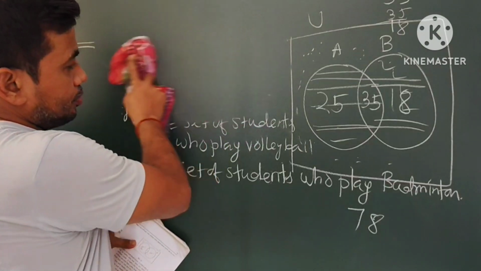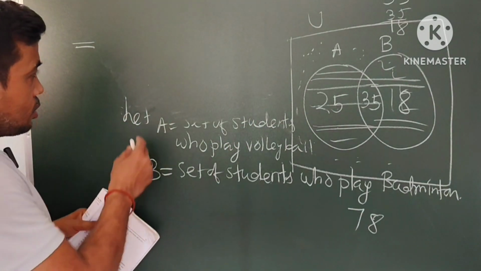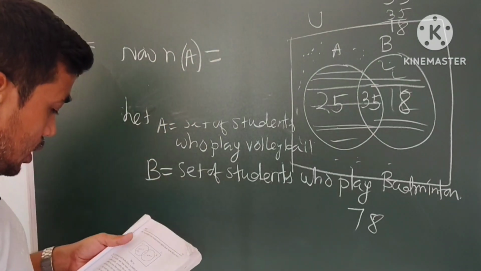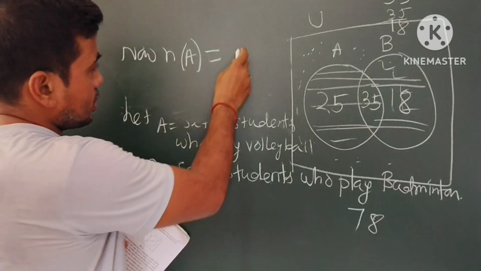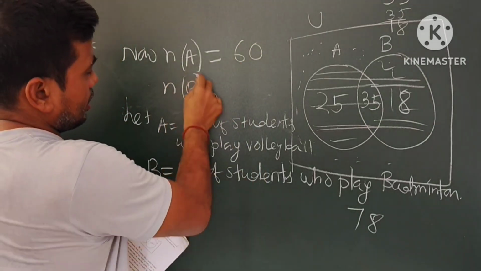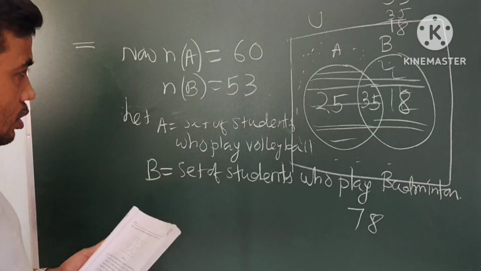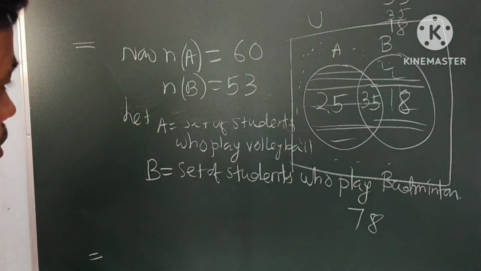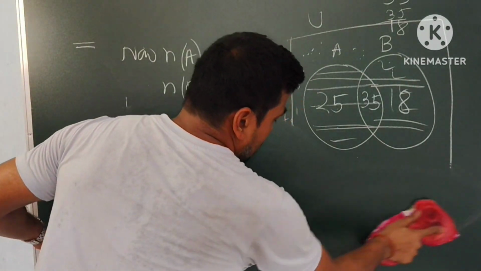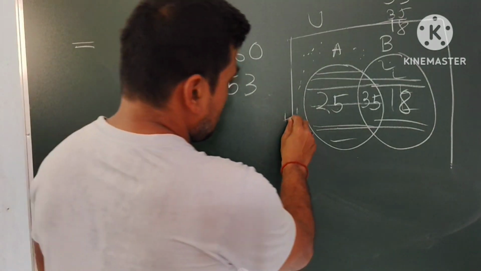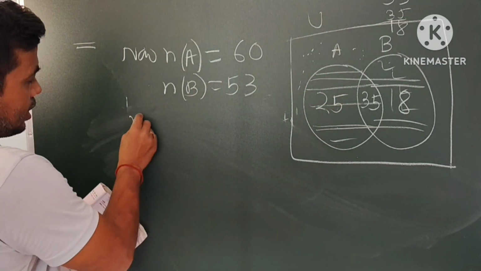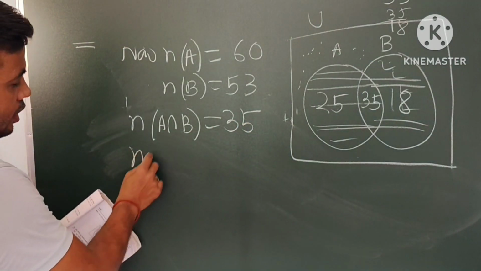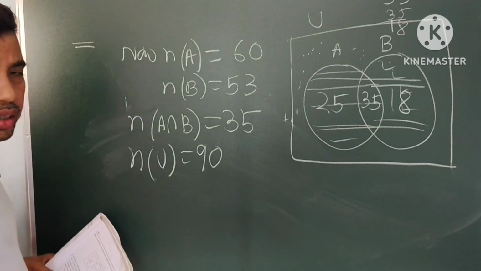Now what do we get? n(A) is the number of students who play volleyball, so this is 60. And n(B) is the number of students who play badminton, and 35 students play both of the games. So n(A intersection B) is 35, and n(U) is 90.